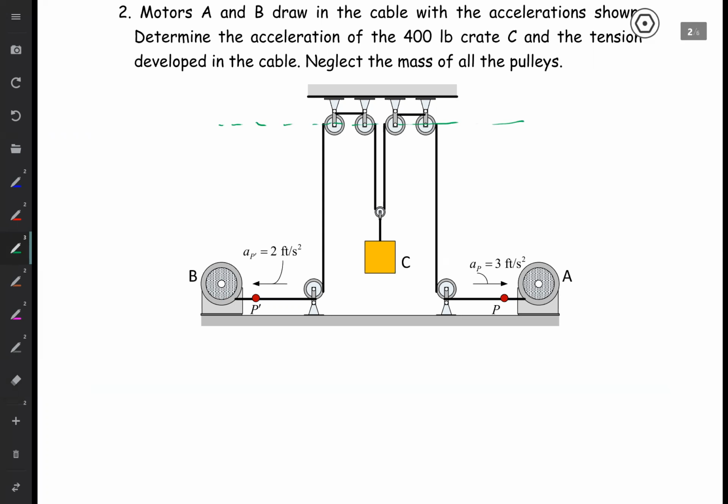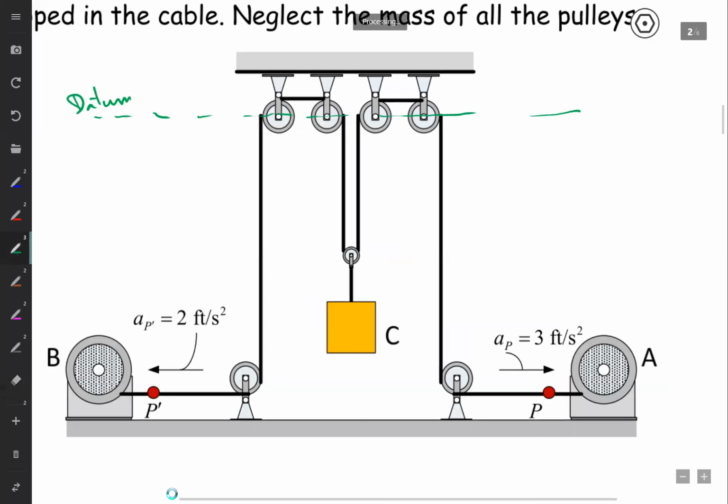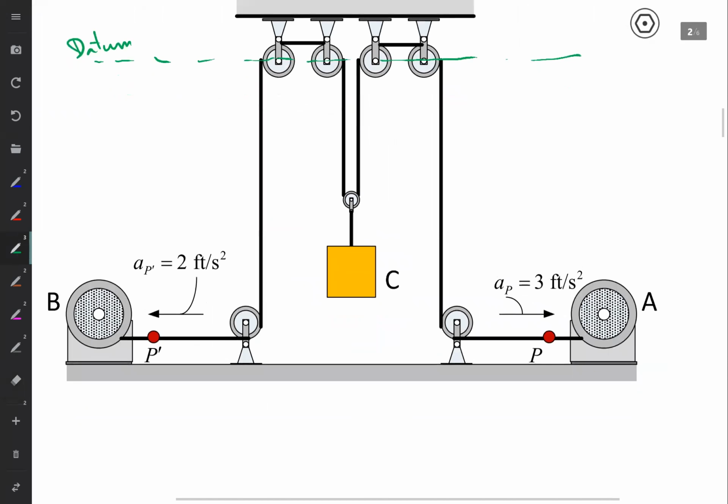That is, for this case, if we set up this as the datum, so the reference, that is the green line like this. So we set up the cable.